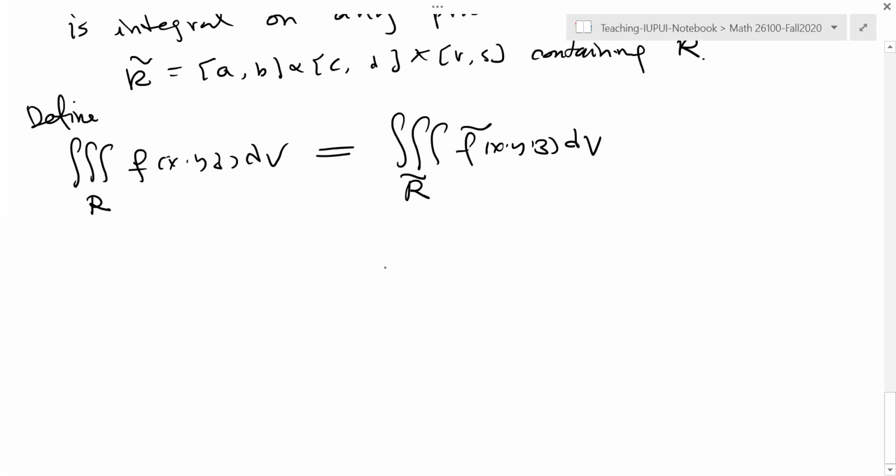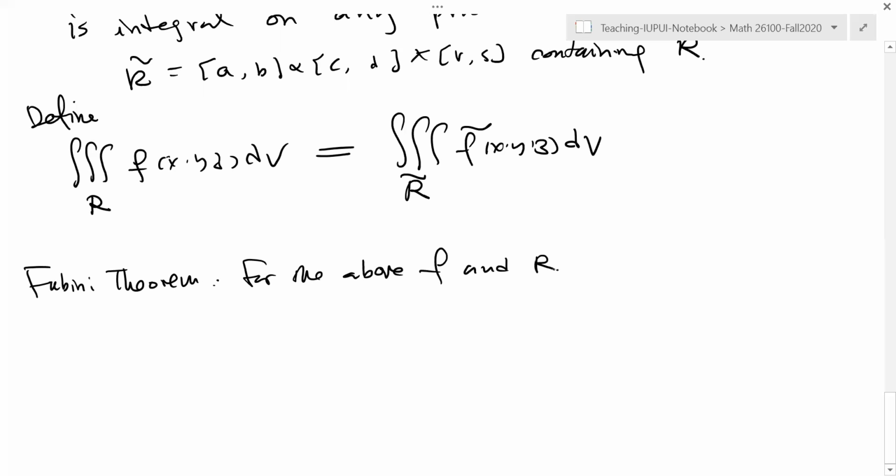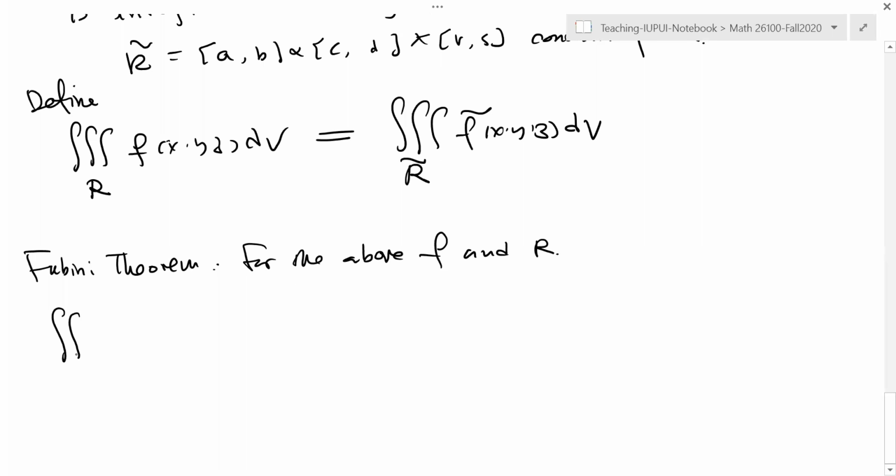We have Fubini's theorem for the above function f and R. This triple integral can be evaluated using iterated integrals.